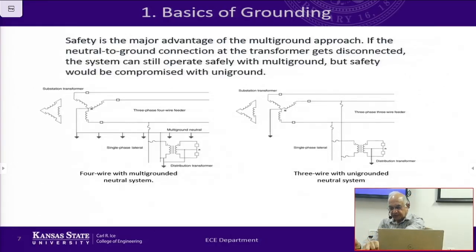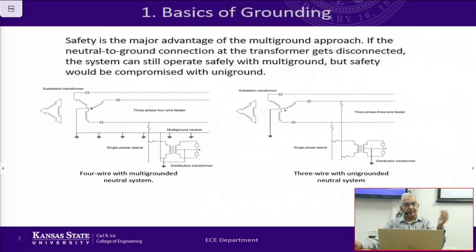On the left is a 4-wire system, and this has multi-ground. You can notice that you have the 3 phases, and then the neutral is running along with the 4 wires, and the neutral is grounded at the substation as well as at many positions along the way.